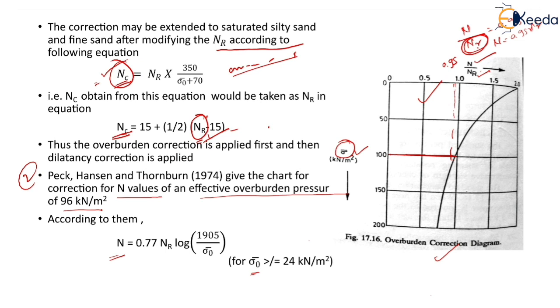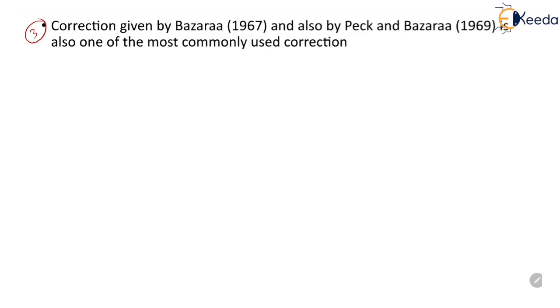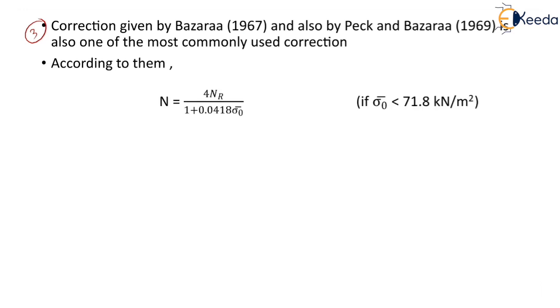So this way, by using this chart, we can directly obtain the corrected value of standard penetration number. Now the third correction equation was given by Bazaraa in 1967 and also by Peck and Bazaraa in 1969. It is also one of the most commonly used corrections. According to them, N is equal to 4 into Nr divided by 1 plus 0.0418 sigma naught bar.